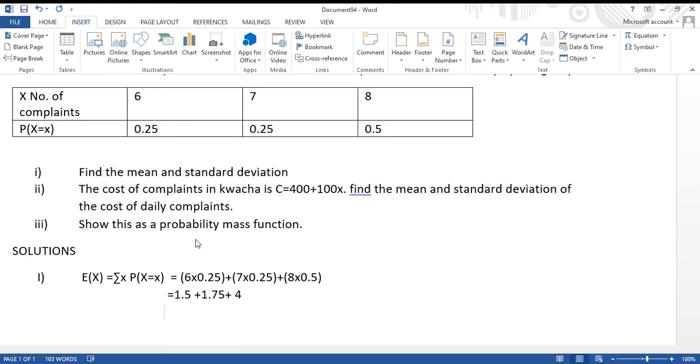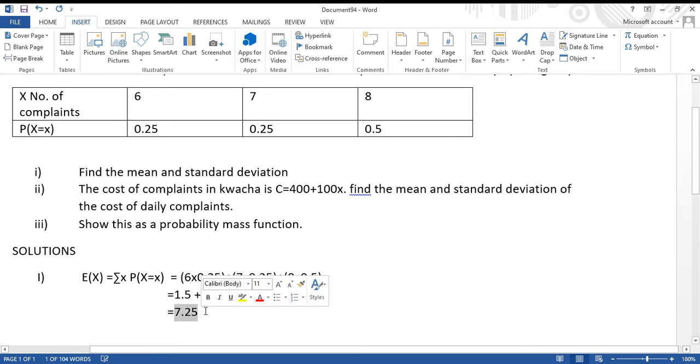So 1.5 plus 1.75 plus 4, you get 7.25. So that is our mean or our expected value.